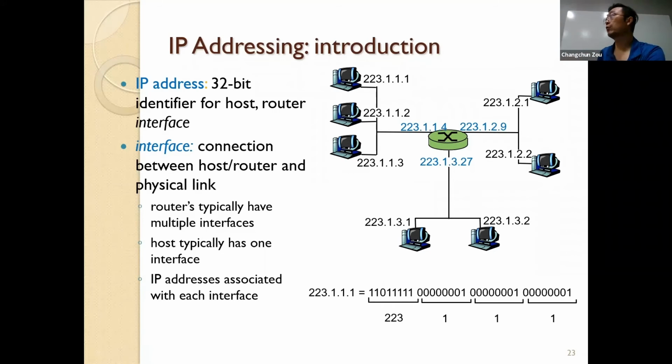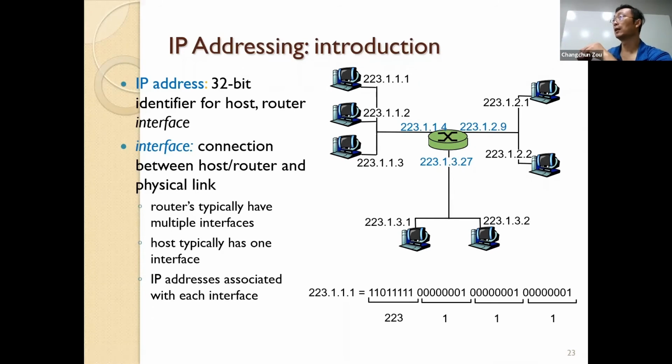How do we define a local area network? A local area network just means that all the computers in this single local area network can directly communicate with each other without going through a router. They may go through an Ethernet switch, Ethernet hub, or Wi-Fi router, but they can directly talk to each other. They don't rely on IP addresses to talk to each other.